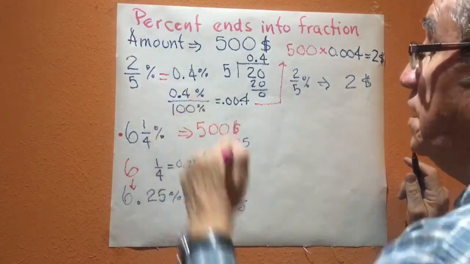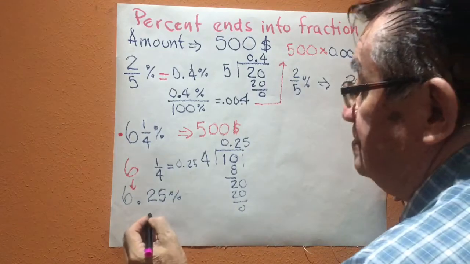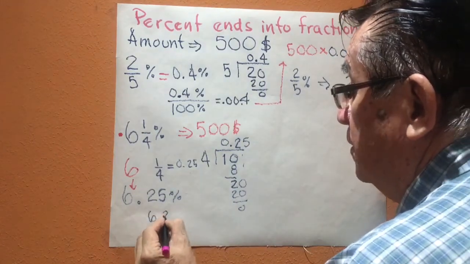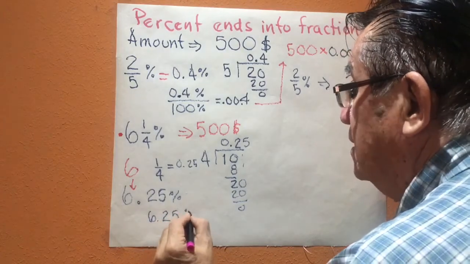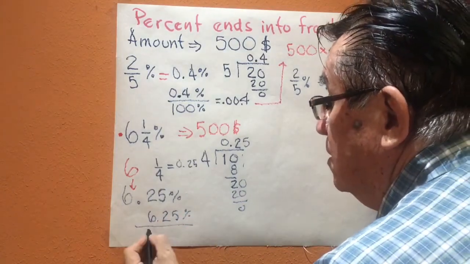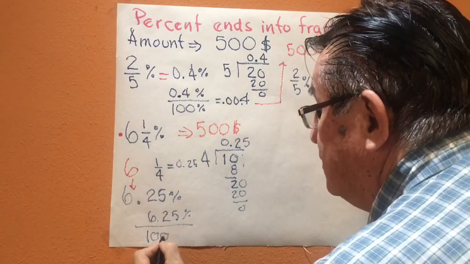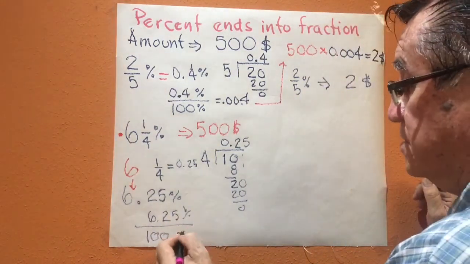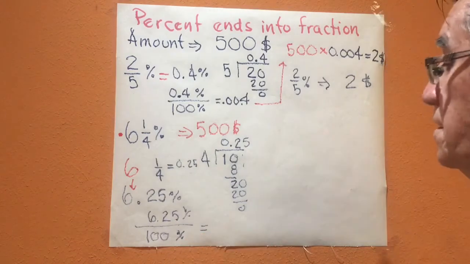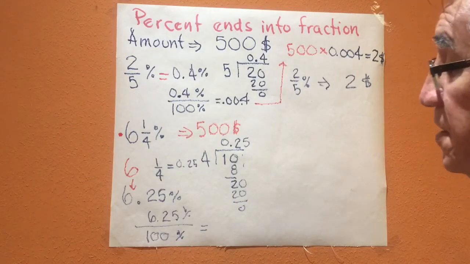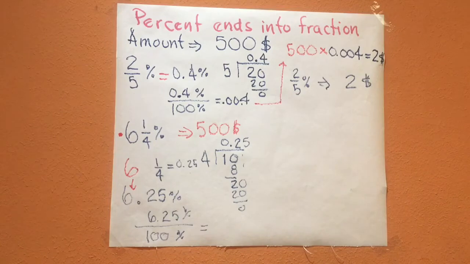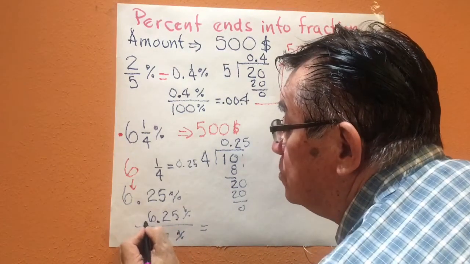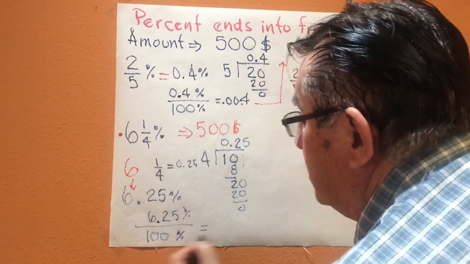Now I have to change it into a decimal number. Let's do it. 6.25% divided by 100. Okay? So these are canceled out and my number is going to be a decimal. That means that I will have to move my decimal point 2 places because we have 2 zeros.